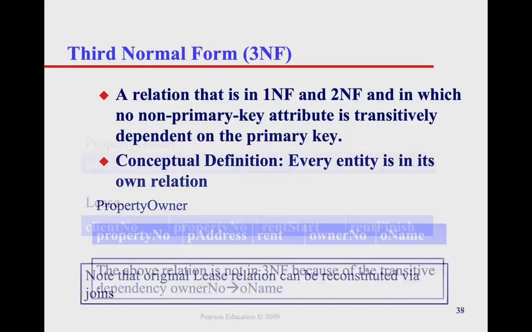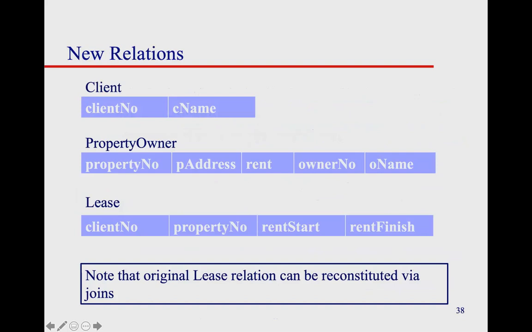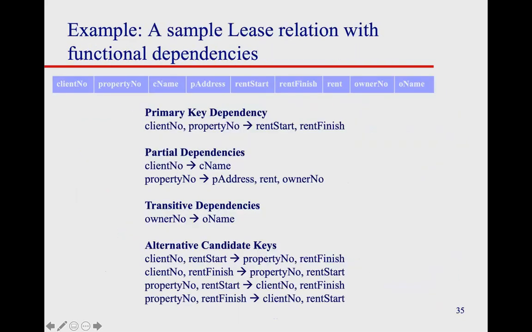So back here, client and lease were already in third normal form. And one thing I should point out is with this lease relation, remember I had these alternate candidate keys. Notice that all 4 candidate keys involve the same 4 properties: client number, property number, rent start, and rent finish.